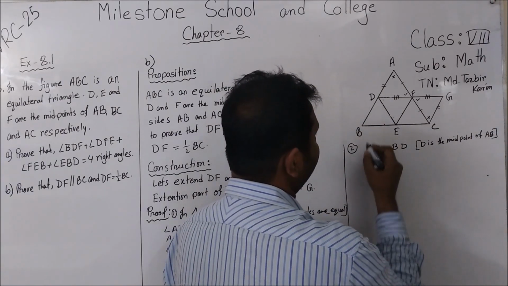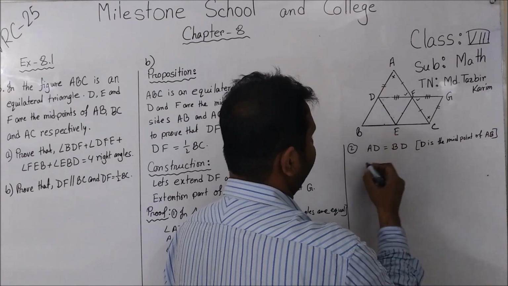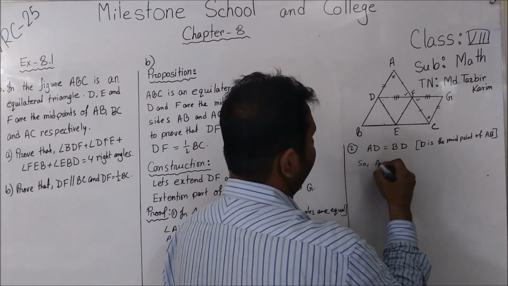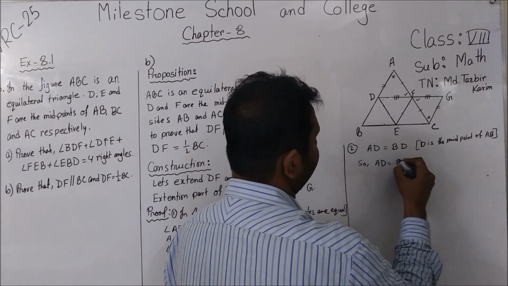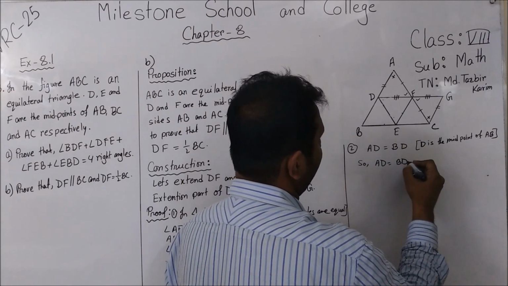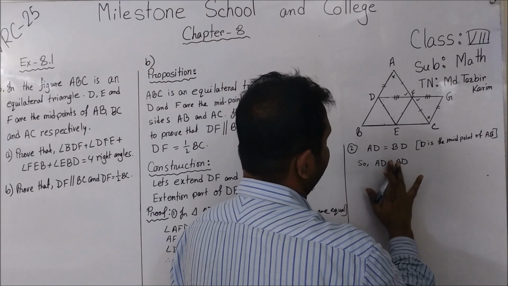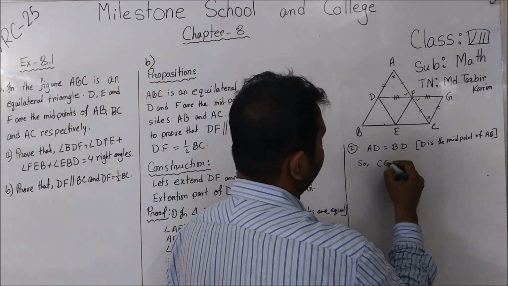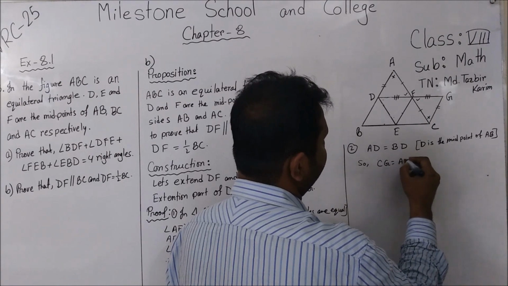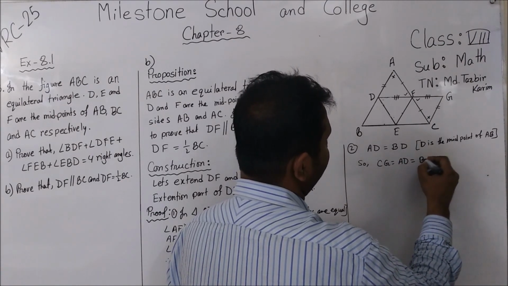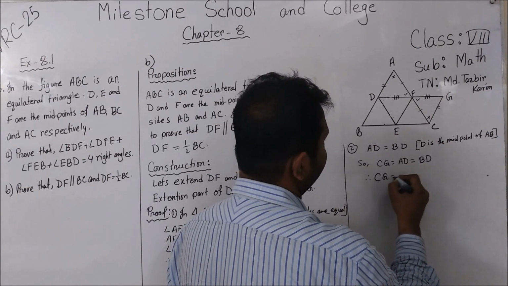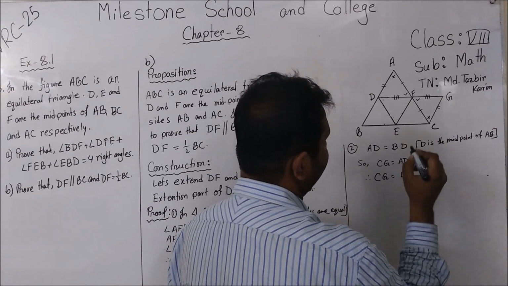We can say that AD equal to BD. Okay, so we can say that CG equal to AD equal to BD. Therefore, CG equal to BD.